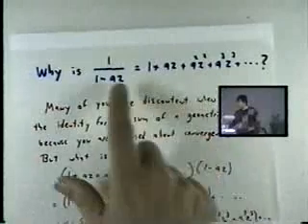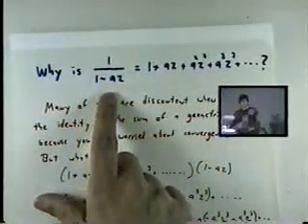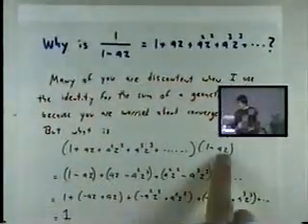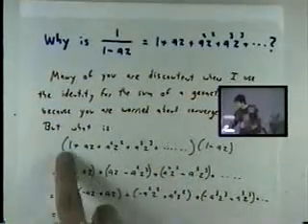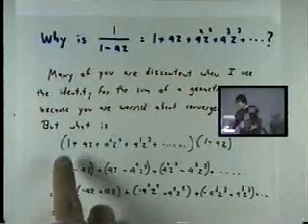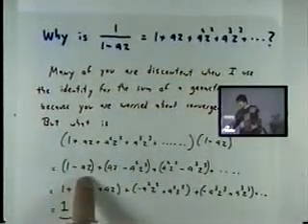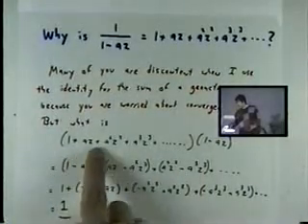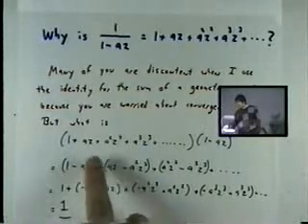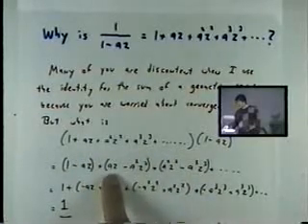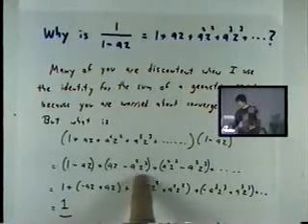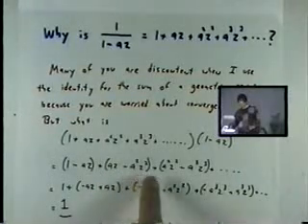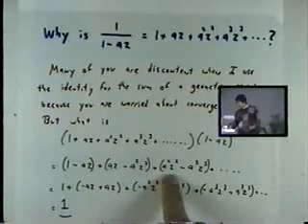If I multiply both sides by (1 minus alpha z), I've got to get a 1. Well, what happens if I do multiply? This is going to be 1 times (1 minus alpha z). This is going to be alpha z times (1 minus alpha z), and so you get alpha squared z squared, and so on.